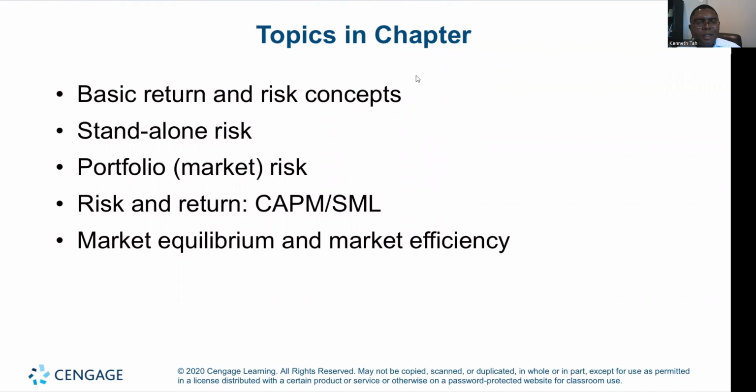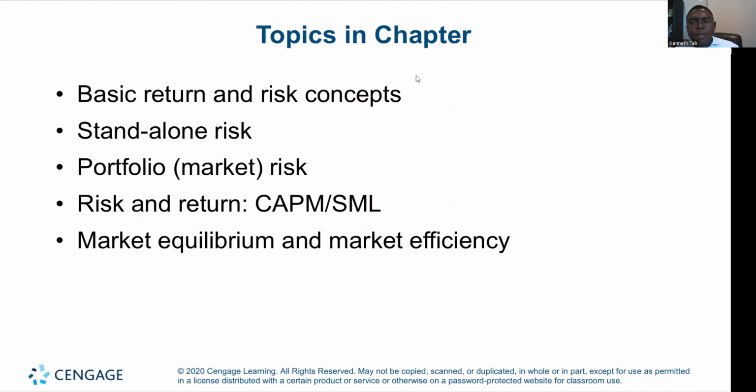We'll look at standalone risk, which is the risk of a single asset, a single company. And then we'll look at the risk that is associated with a portfolio, which is a group of securities. So you can get into the market by holding a single company. In that case, you want to understand your return and your risk.